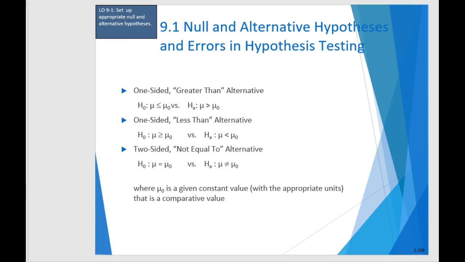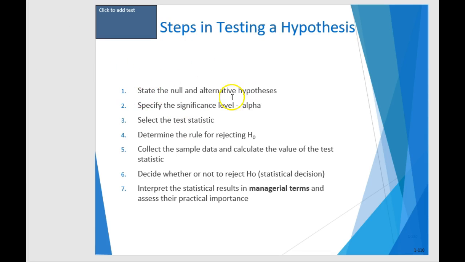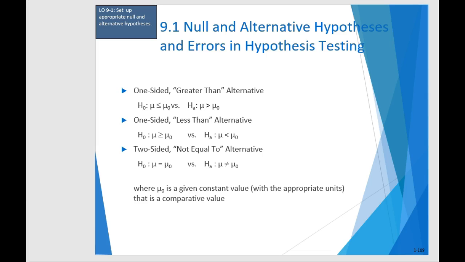The first thing we want to talk about is the different types of hypothesis testing that we're going to be looking at. First of all, when you set up a hypothesis, which is step 1 of the hypothesis testing process, you're going to be doing it about some population parameter, some characteristic of the population.